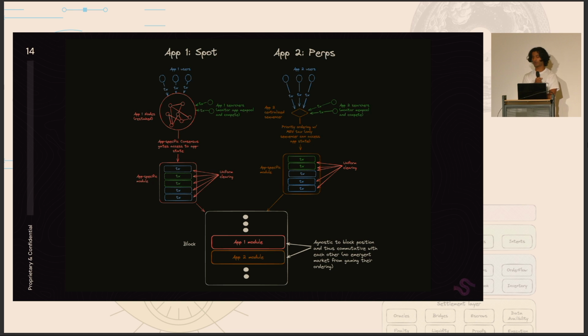In the case of app 1, you'd also just have a quorum certificate along with this bundle. App 2, the centralized sequencer is the only one who can touch the contract. So they're the only one who can submit this, and you basically have to trust that they didn't censor and went about this properly. Now the end block is going to have both of them, but the beauty is that they're commutative with each other along with everything else in the block, right?